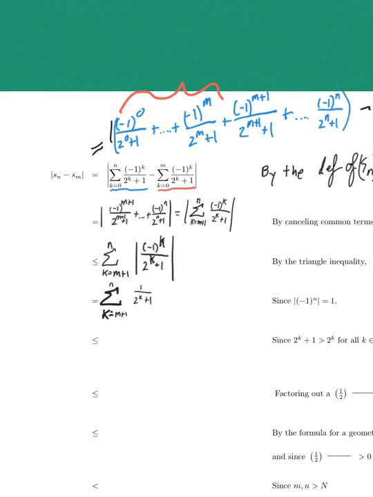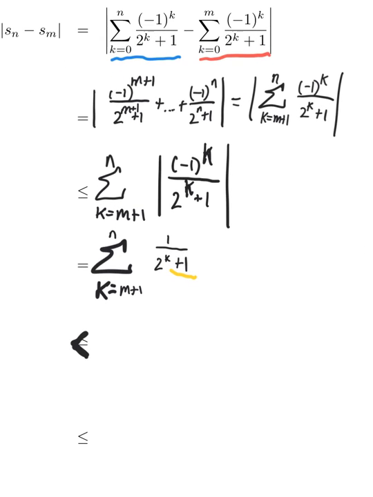Let's use that. So the geometric sum is what you would see if this plus 1 just weren't there. Well, but that plus 1 is just making the denominator bigger, so if I erase it, the denominator gets smaller, so the whole thing gets bigger. So in fact, I get a strict inequality. That sum is strictly less than the sum from k equals m plus 1 up to n of 1 over 2 to the k.